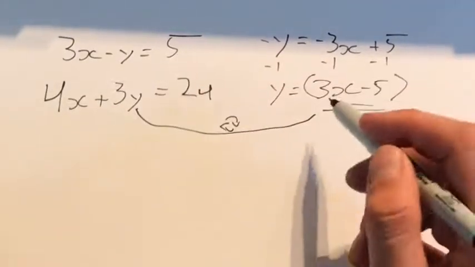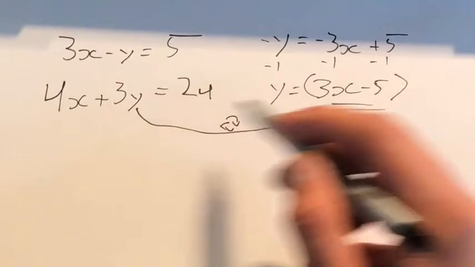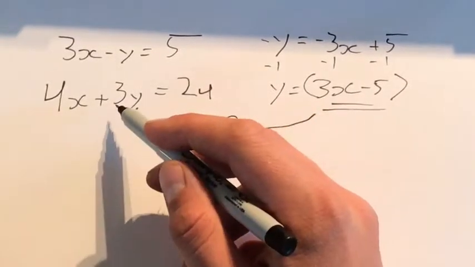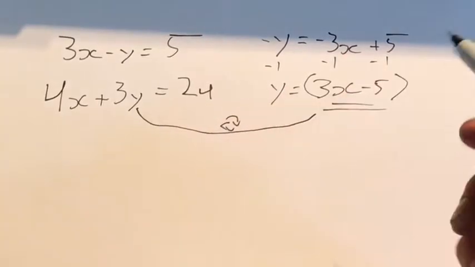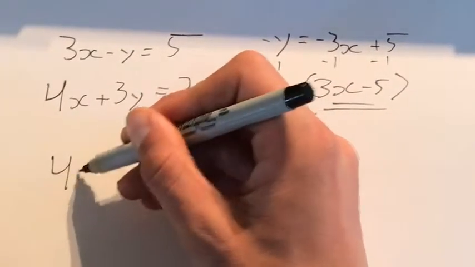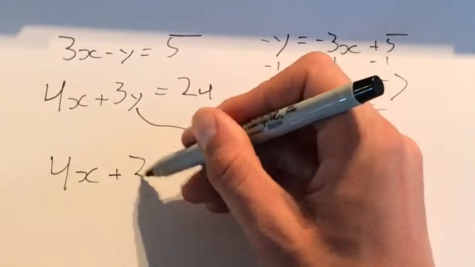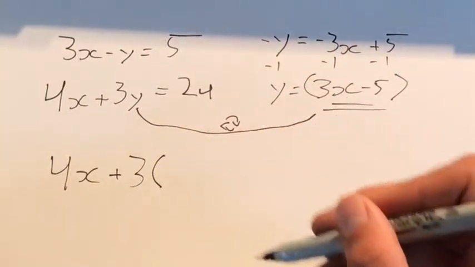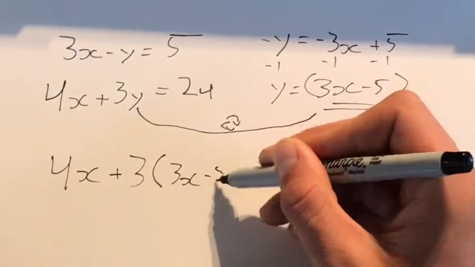we're not substituting this in for 3y. We're substituting it in just for y. So this 3 is actually going to be multiplied times these. And this is what it's going to look like. 4x plus 3, then inside parentheses, 3x minus 5.